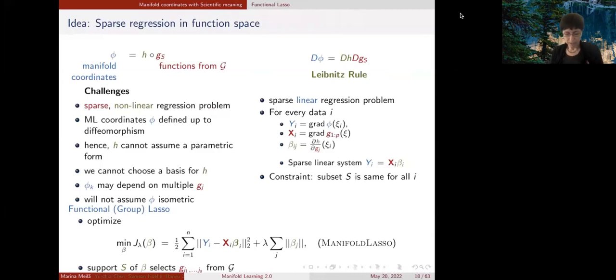If you're familiar with lasso and sparse regression, you are going to recognize this equation. This part is the least squares part. For every data point i, we want to minimize the squared residuals. And this part is the regularization part with the norm, where beta_j is the vector of coefficients for one of the functions in the dictionary.